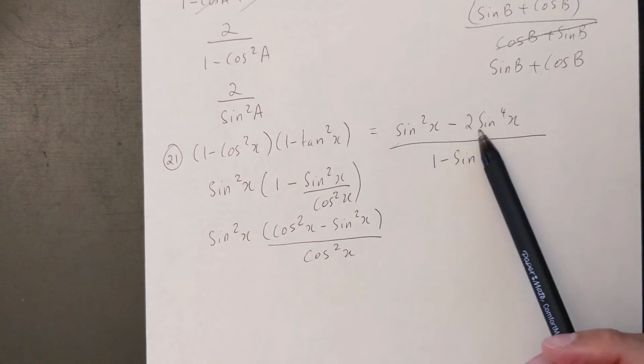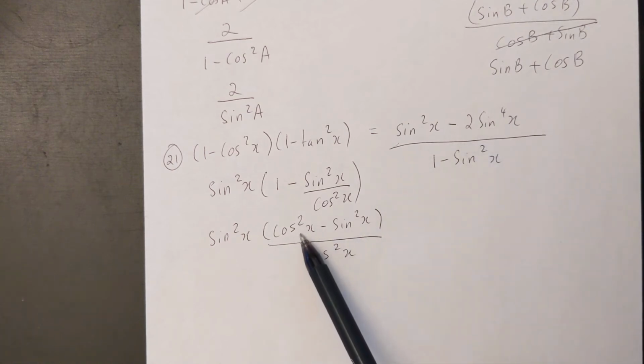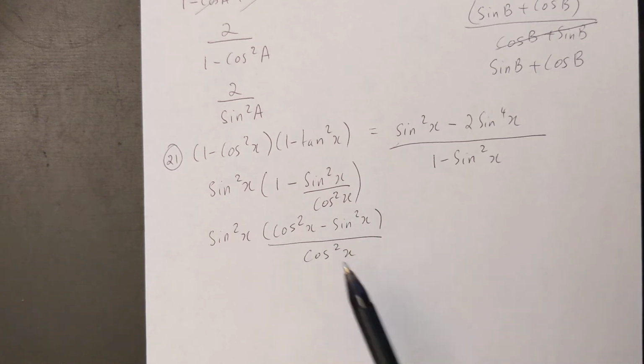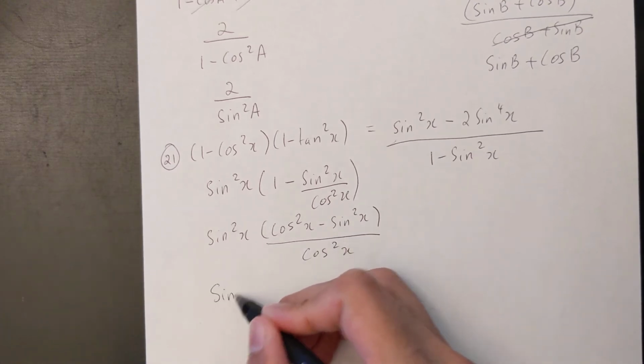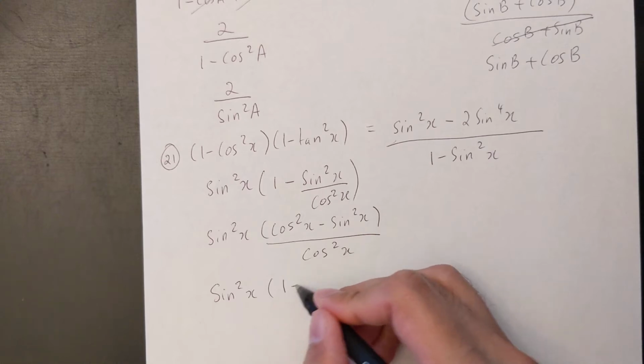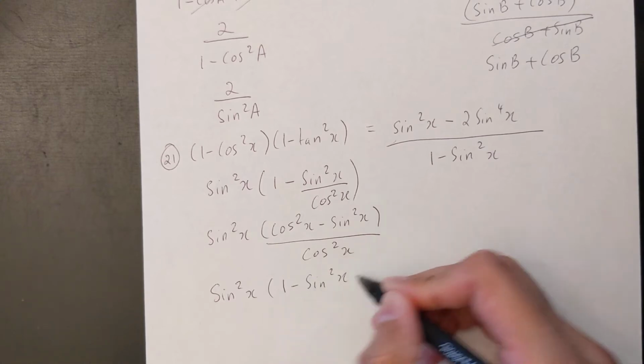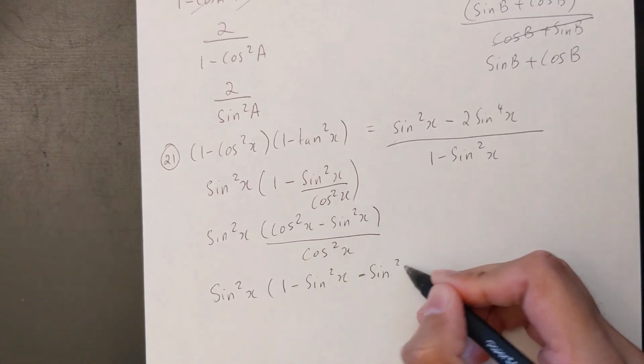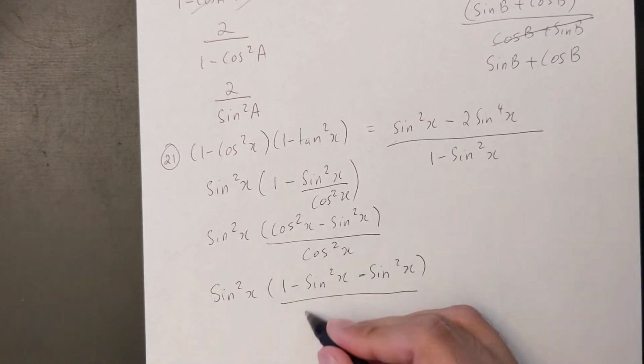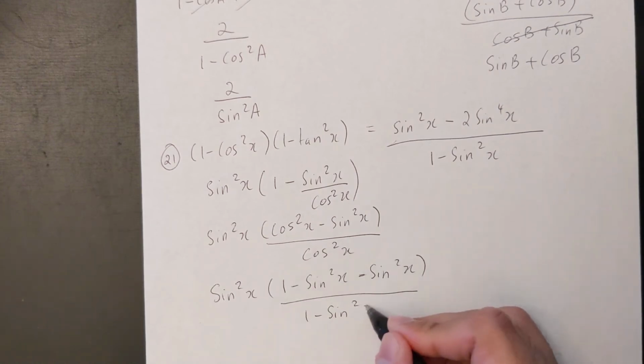Pretty complicated. So the next thing I want to do is convert this. There's no cos square on the other side, so I want to convert both these cos squares into 1 minus sine squares. So 1 minus sine square x minus sine square x over 1 minus sine square x.